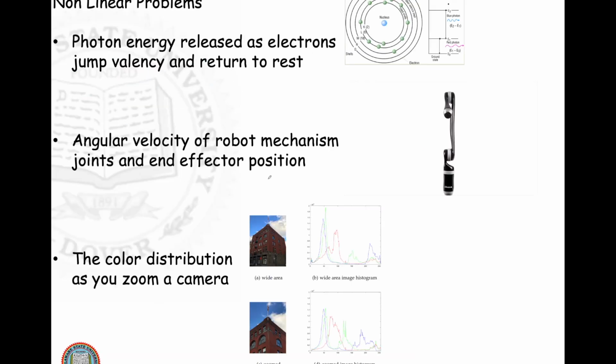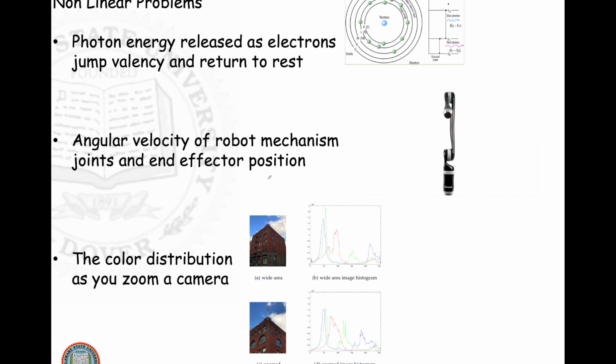And so let's consider nonlinearity. When we think about nonlinearity, there are certain types of phenomena that underlie the data that you see as expressed through features. If you think about photon energy, and let's say you're measuring photon energy, and those are your features at different wavelengths, photon energy is a result of electrons jumping valency levels because you inject energy, like you ablate some substance with a laser, pulse a laser.